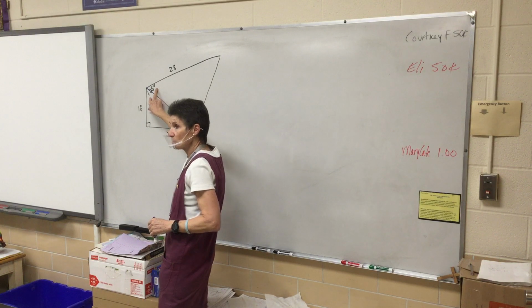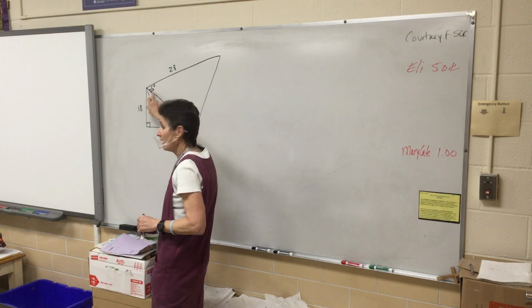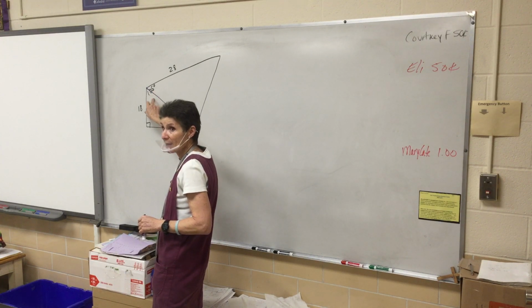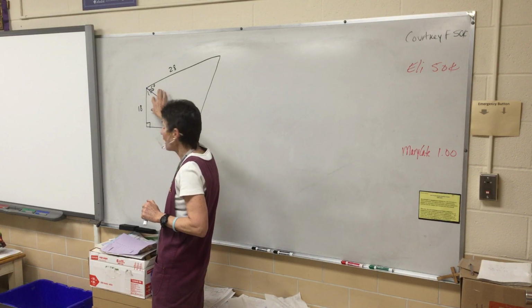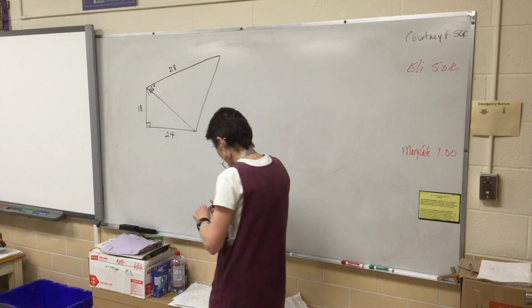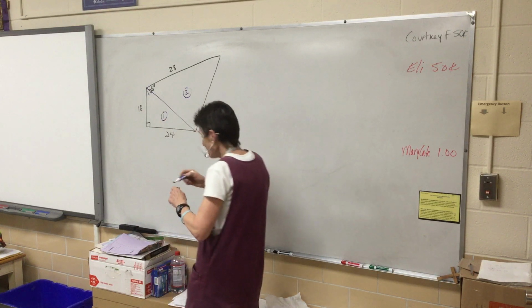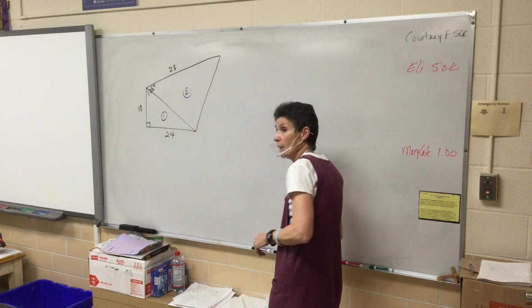See that angle's been split? It has not been bisected. I have no idea how big these are, so when it comes time for me to use those, I'm going to have to figure it out. Do not assume it's been split in half, it hasn't. All right, so help me out here. Can I find the area, let me call this triangle 1, and this will be 2. Can I find the area of triangle 1?